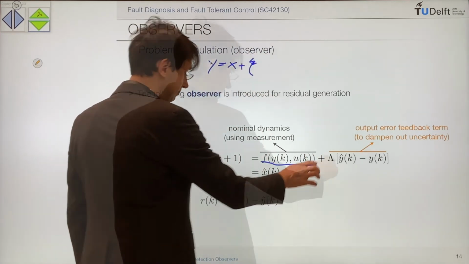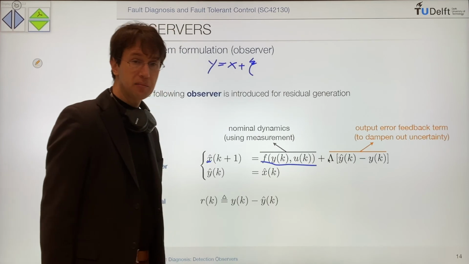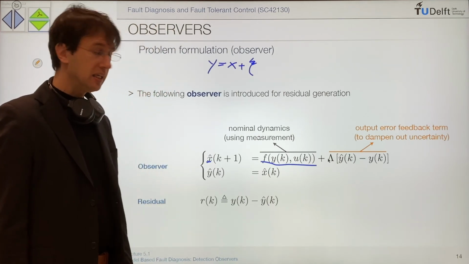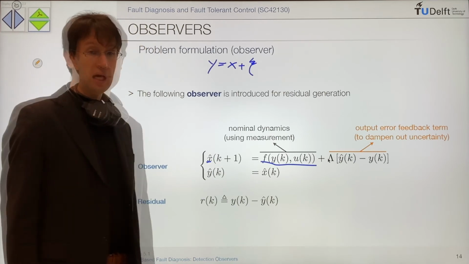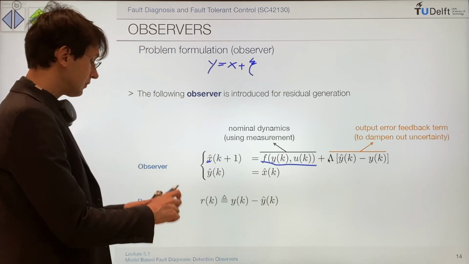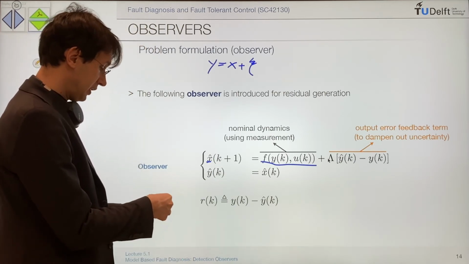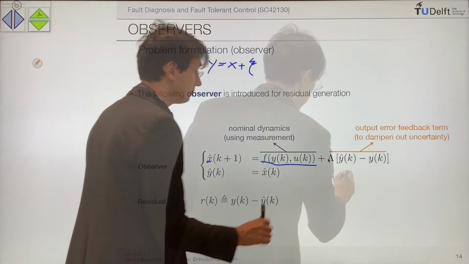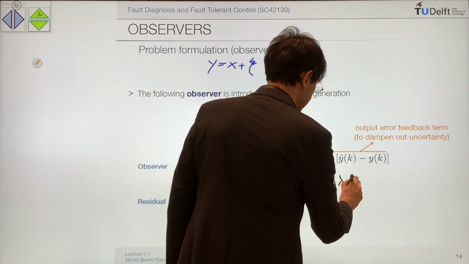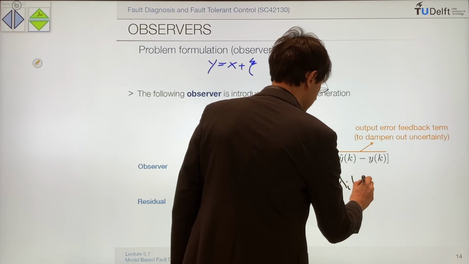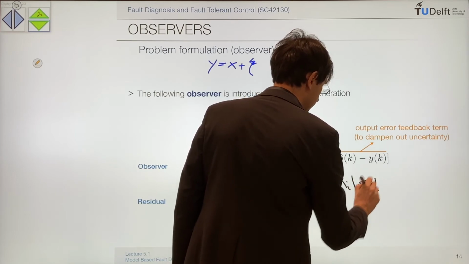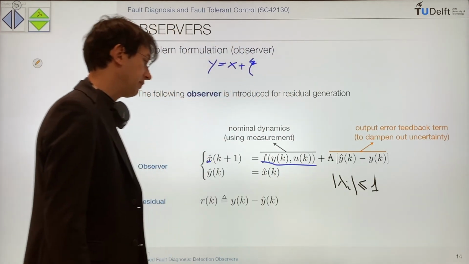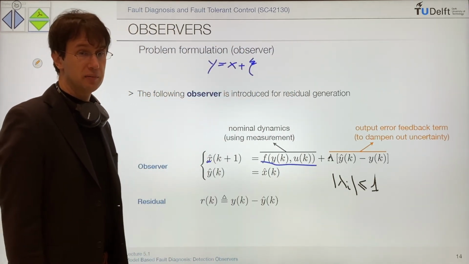And lambda is a gain matrix, and the important thing is that lambda is such that this equation is stable. And in practice, in discrete time, what you want is that the absolute value of the eigenvalues of lambda are inside the unit circle. So they are less or equal to 1. So this is the condition for the stability of this one.